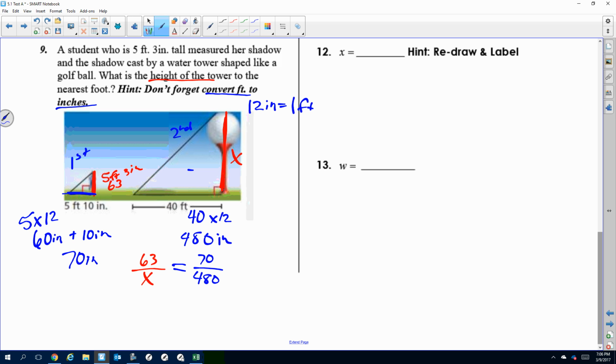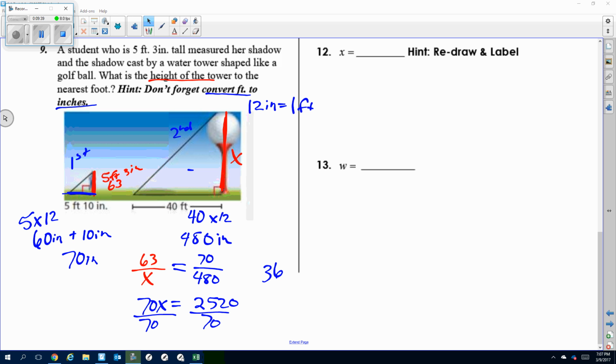And then we're going to just cross multiply and divide. Alright, I apologize guys, I cross multiplied wrong.